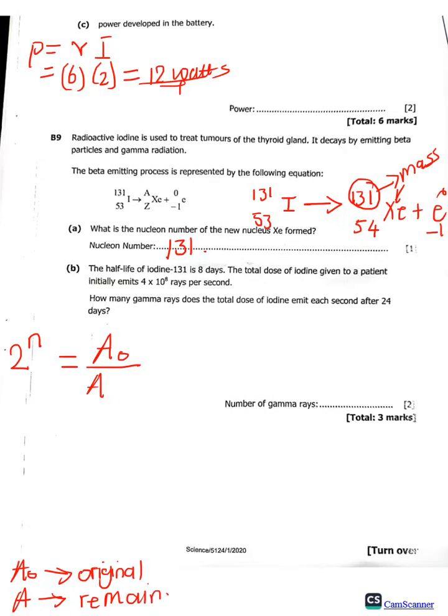Now for us to find A, we have the original dose, but first we need to find the value for N. So let's now find the value of N.